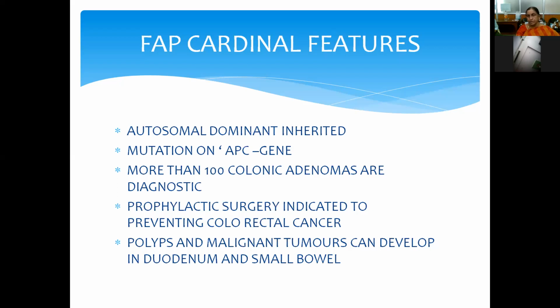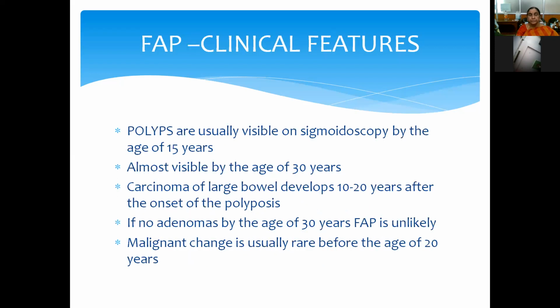So a person to be diagnosed as having FAP should have at least more than 100 colonic adenomas. And prophylactic surgery is indicated to prevent colorectal malignancy because the incidence of colorectal malignancy is very high following FAP. Polyps and malignant tumors can develop in the duodenum and small intestine apart from the large intestine.